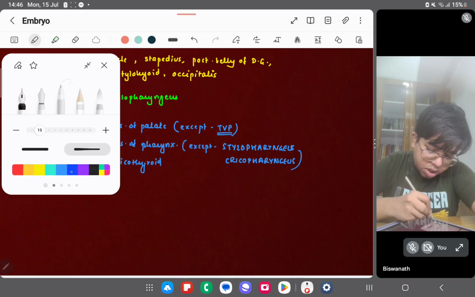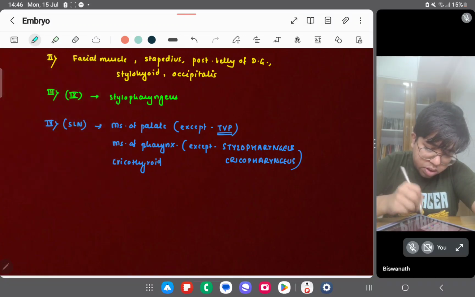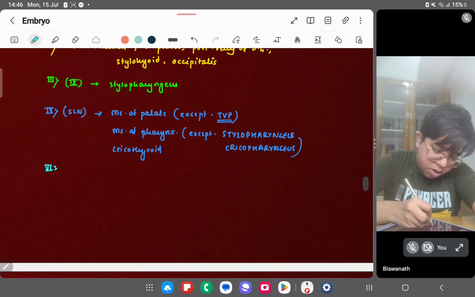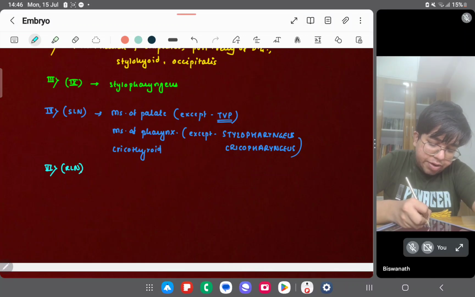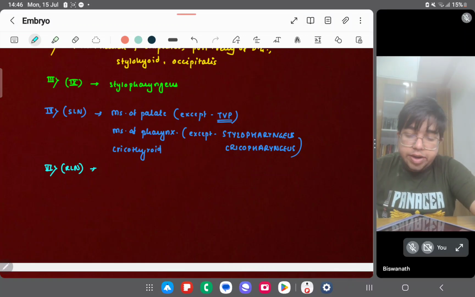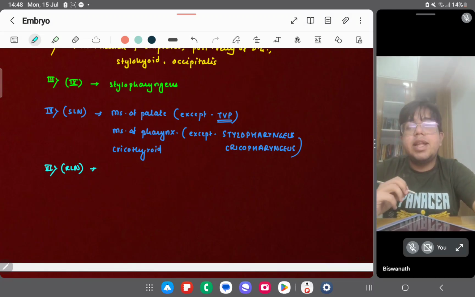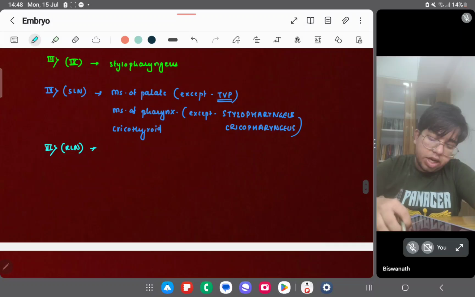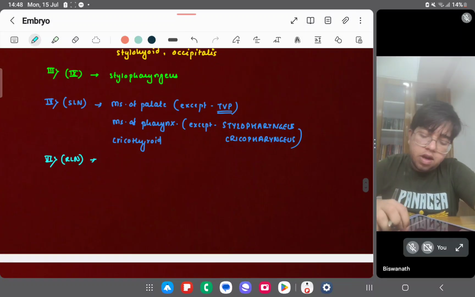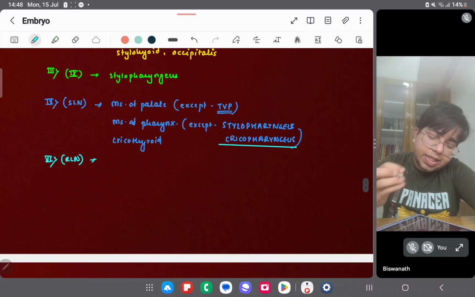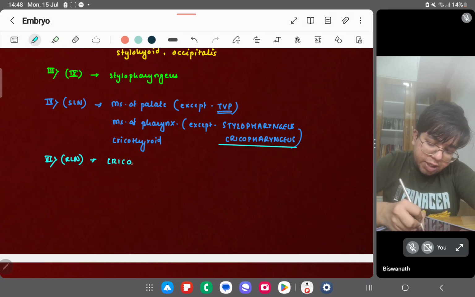I'm taking another color. Although I've taken a different background this time. Okay. Then recurrent laryngeal nerve. By recurrent laryngeal nerve, I mean that it will be supplying the cricopharyngeus muscle, which we wrote in the exception here. Cricopharyngeus.